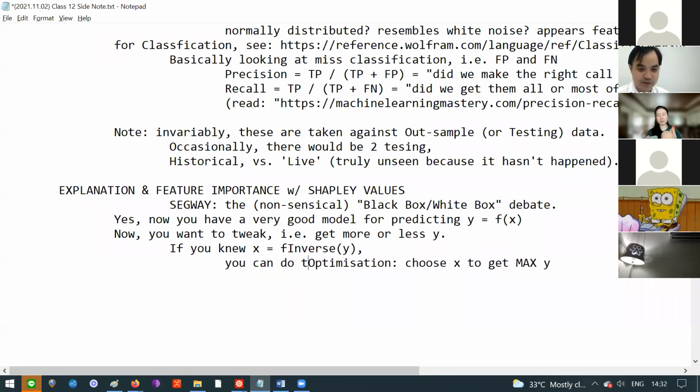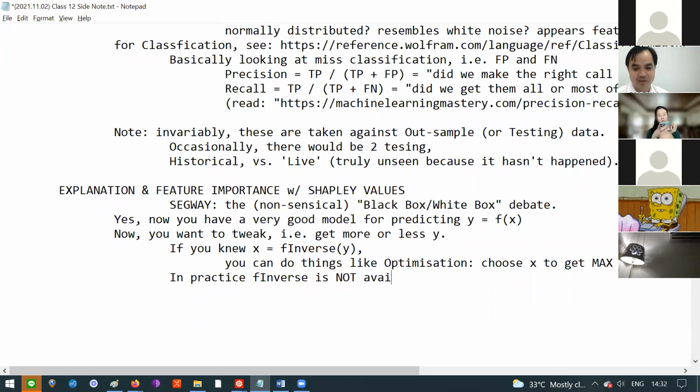You can do things like optimization. But in life, in practice, F inverse is not available.